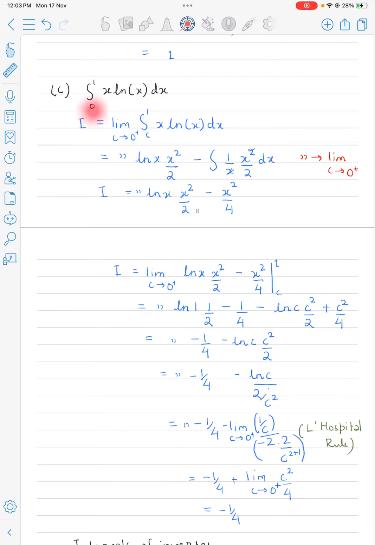This function ln x is undefined at 0, right? So that is going to create a problem. If you see the graph of ln x, it will be something like this.